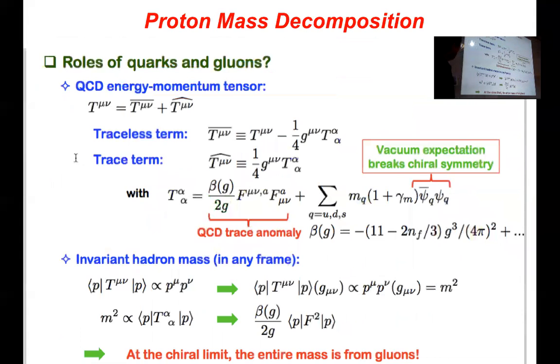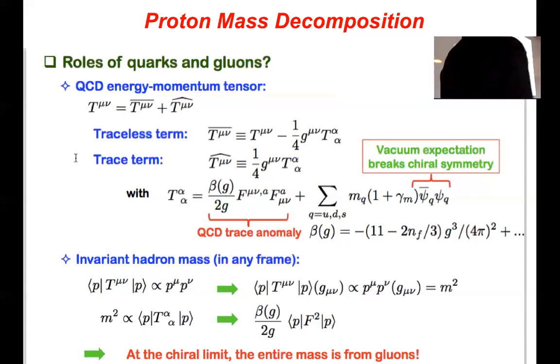If you put the energy momentum tensor into your wave function of the proton, you can decompose this into a term. I'll take the trace. You will take only the trace anomaly term, and the explicit quark mass term will remain.